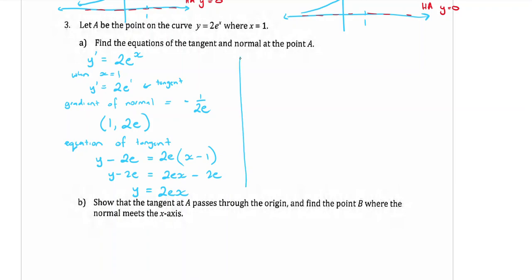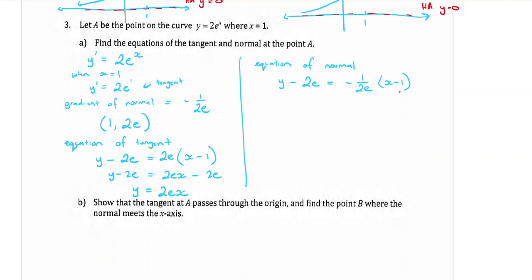Now let's do the normal. So over here, equation of the normal. So this time I use the normal gradient, same point. Okay, so y take away y1, which is still 2e, equals new gradient, which is -1 over 2e, x take 1.